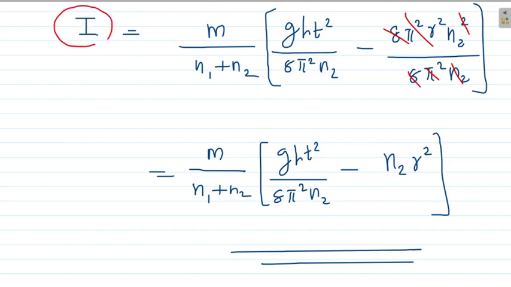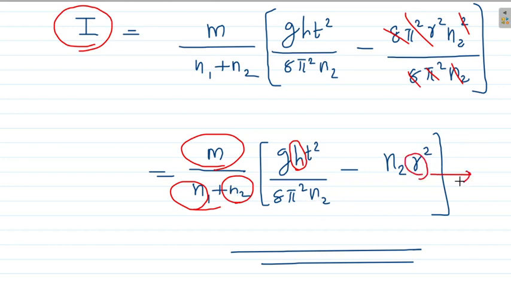Here I is the moment of inertia of the flywheel, m is the mass that is hanged from this thread, and n1 and n2 are two counts. n1 is the number of times we wind this thread around this axle, n2 is the number of times the flywheel makes rotations after the thread detaches. g is the acceleration due to gravity. h is the height at which we suspend this mass from the ground. t is the time taken for this n2 rotation, again n2, and r is the radius of axle. So from knowing these values from the experiment, we can finally find out the moment of inertia of the flywheel.